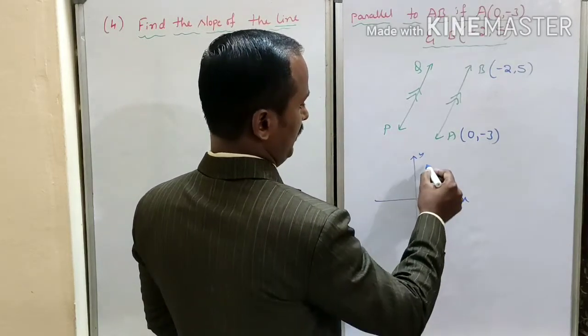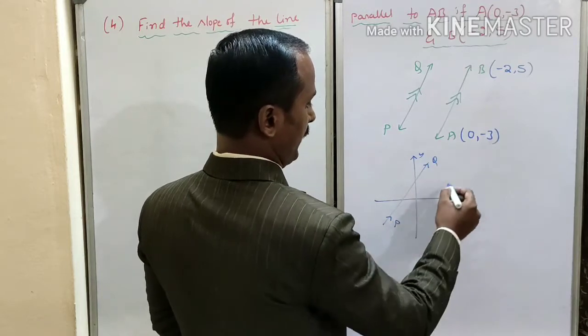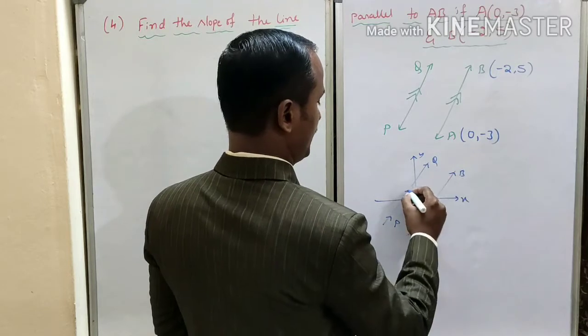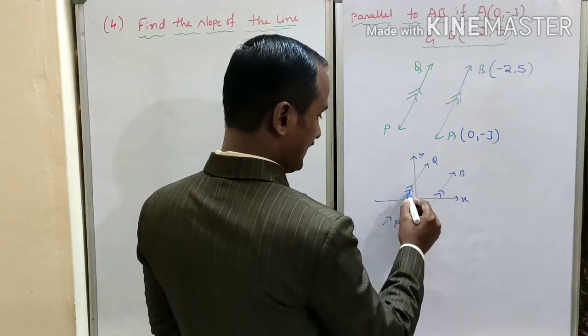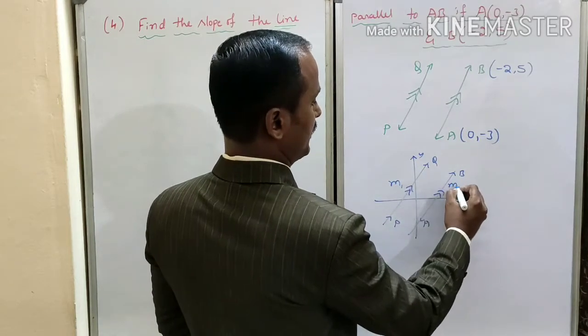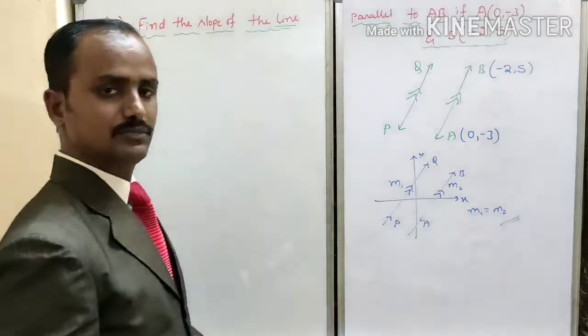This PQ line is parallel to the AB line. This PQ slope is m1, AB slope is m2. m1 is equal to m2. I proved it. Yes or no?